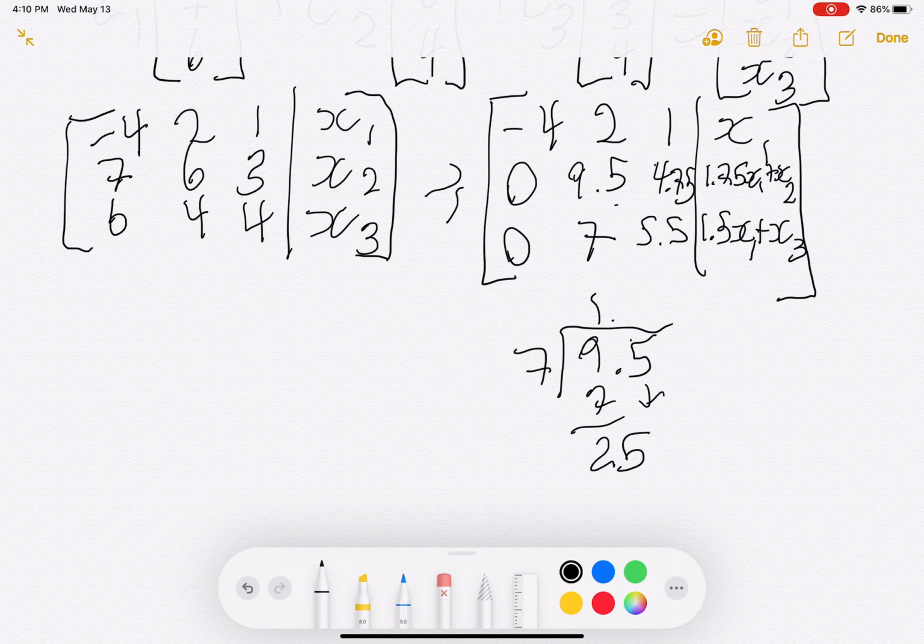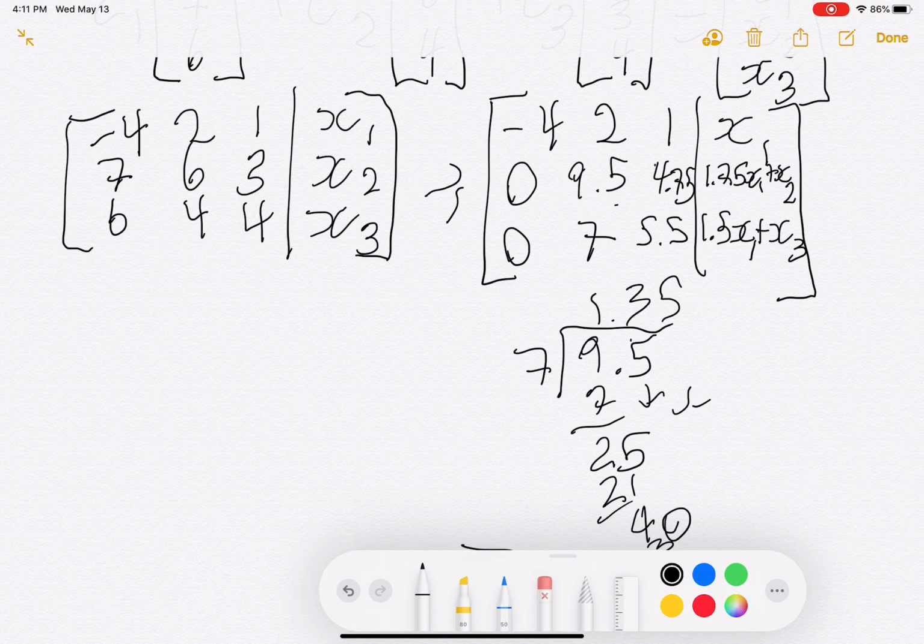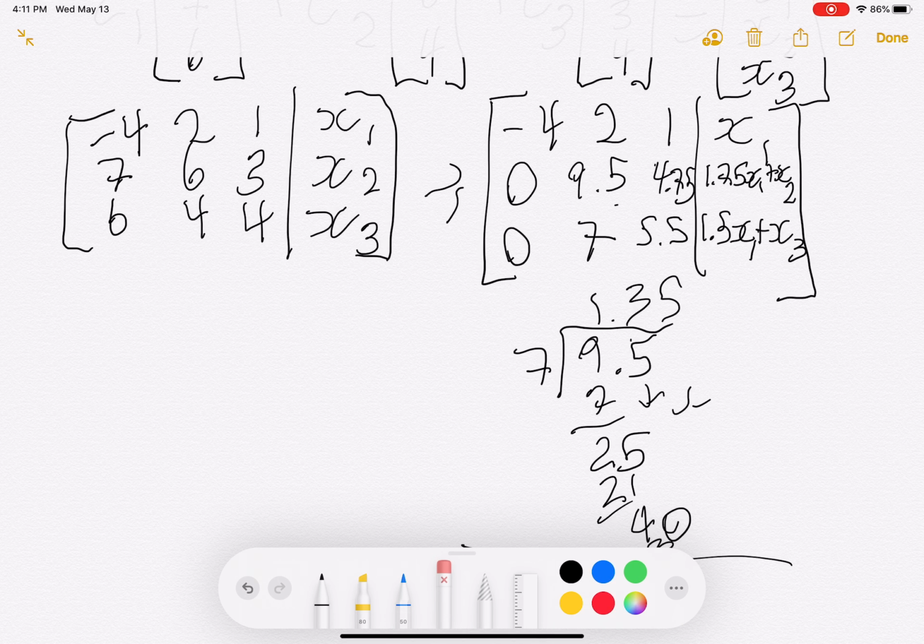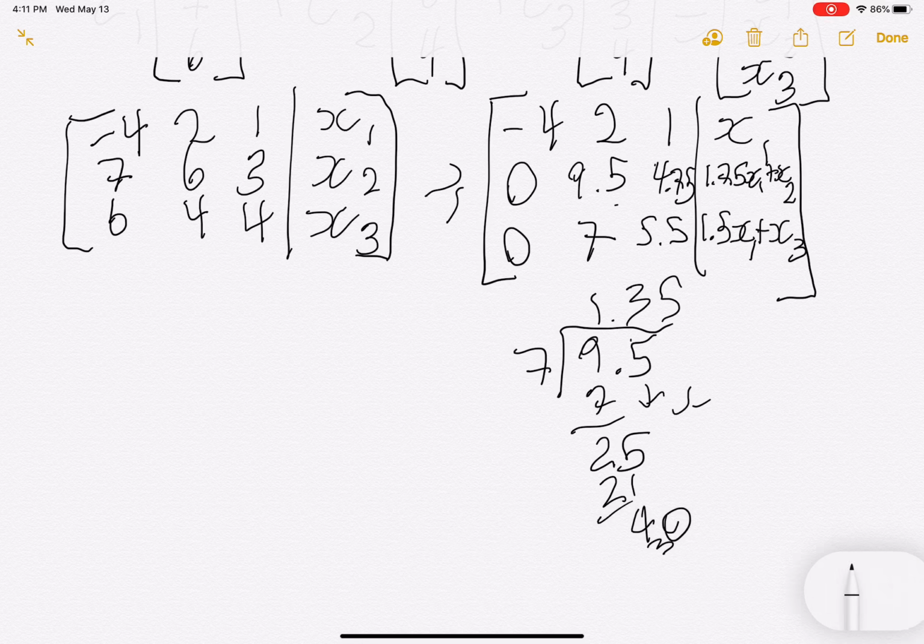Four. 3. Oh no. 7, 6, 5. Let me put this to the side. Oh, how's this? Okay, 8. No, 7.